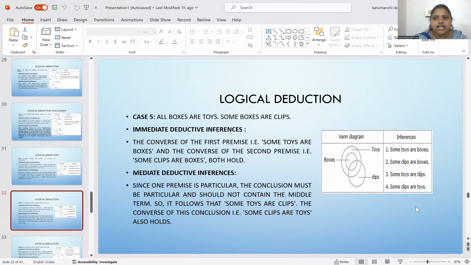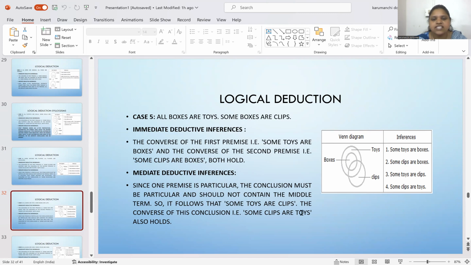Some boxes are clips. These are the two premises, that is, statements. So from this we have to derive the immediate deductive inferences. The converse of the first premise is some toys are boxes, and the converse of the second premise is some clips are boxes.